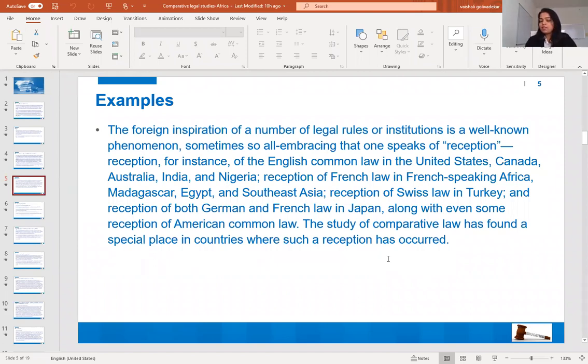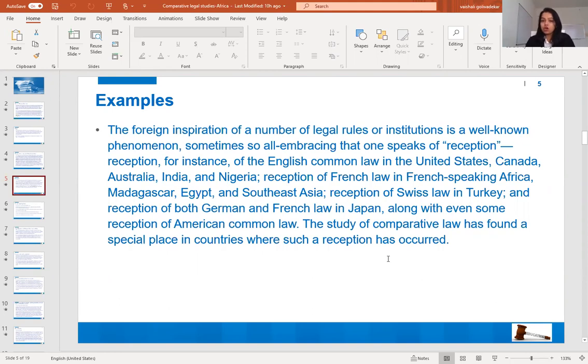English common law is referred to in the US, Canada, Australia, India, and Nigeria. Whenever there is a problem or a precedent or judgment is missing, this law can be compared with, right? And which law? English common law. It is welcomed in which countries? US, Canada, Australia, India, and Nigeria.